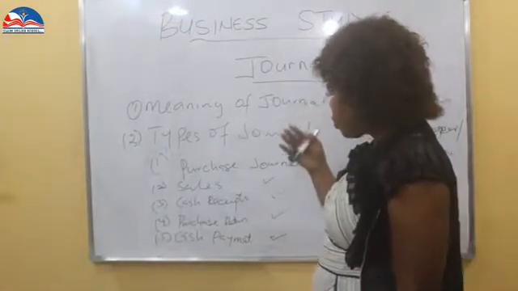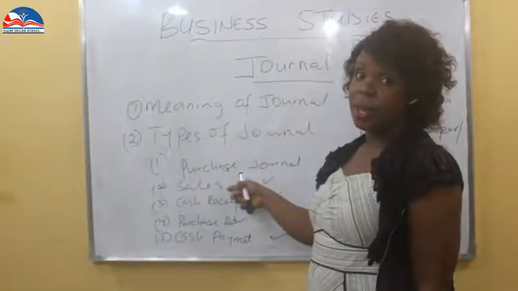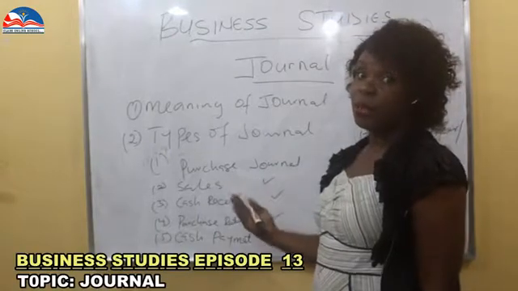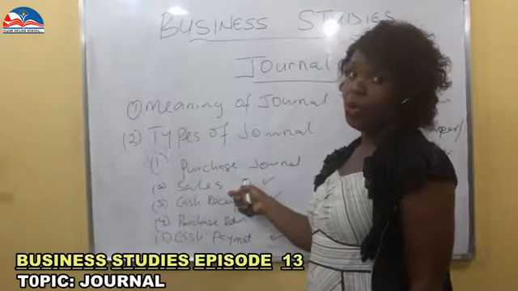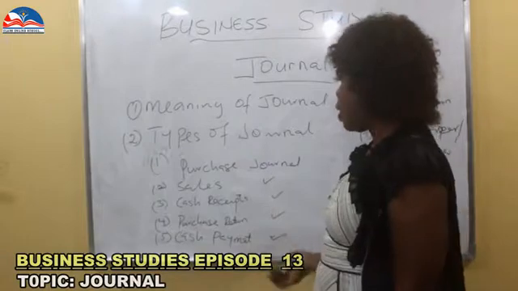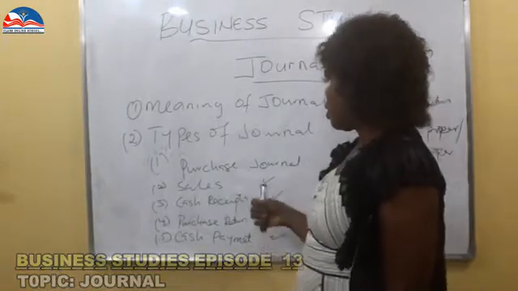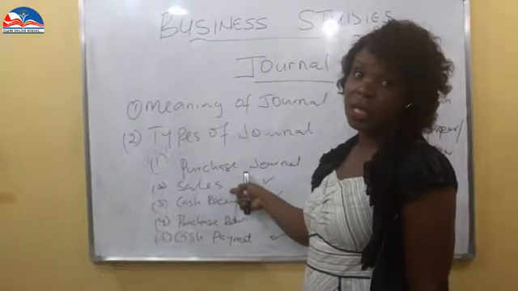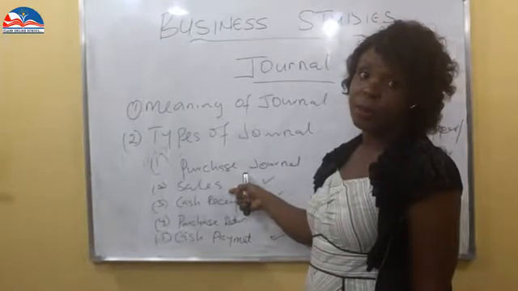Equally, under this sales journal, we have discounts on sales. Any discount made on sales is also recorded under the sales journal, so that you know how much discount you've given out to customers. The next one is cash receipts. You know that sometimes sales might be in form of cash or in form of debt.